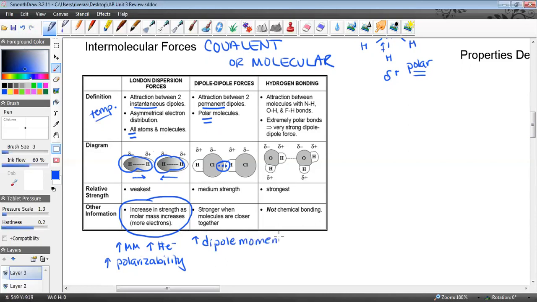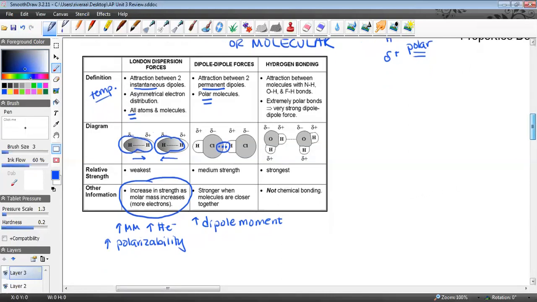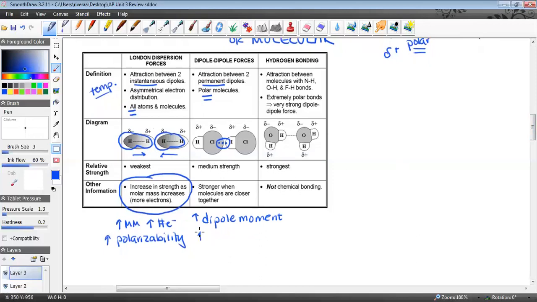And that's just a measure of the magnitude of the charges on the positive and the negative. So if you have a bigger positive and a bigger negative, you have a stronger partial charge or a stronger dipole moment. And why would something have a stronger dipole moment? When you have a bigger difference in electronegativity values.